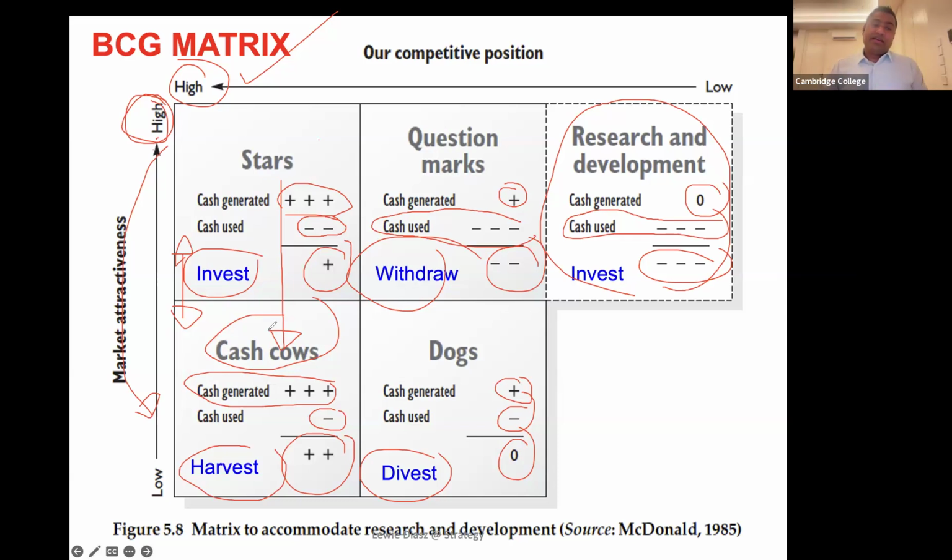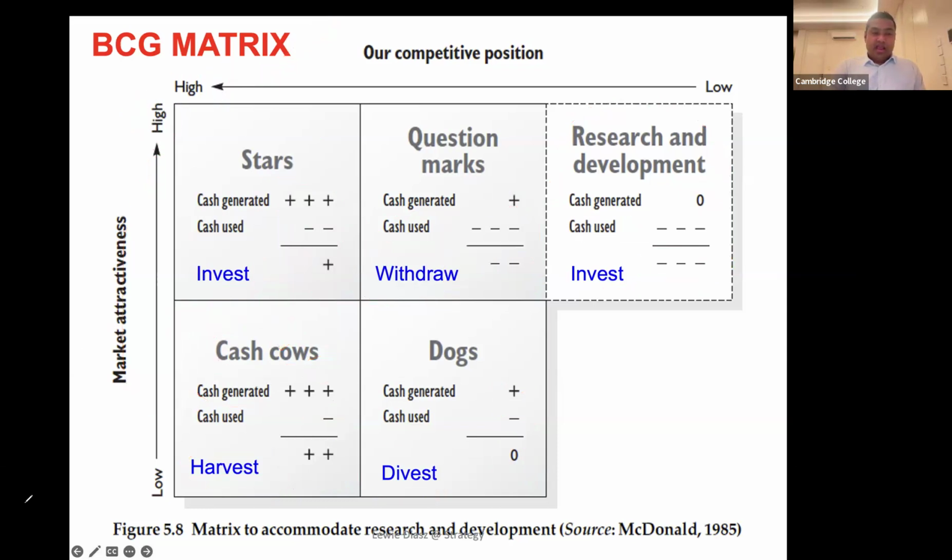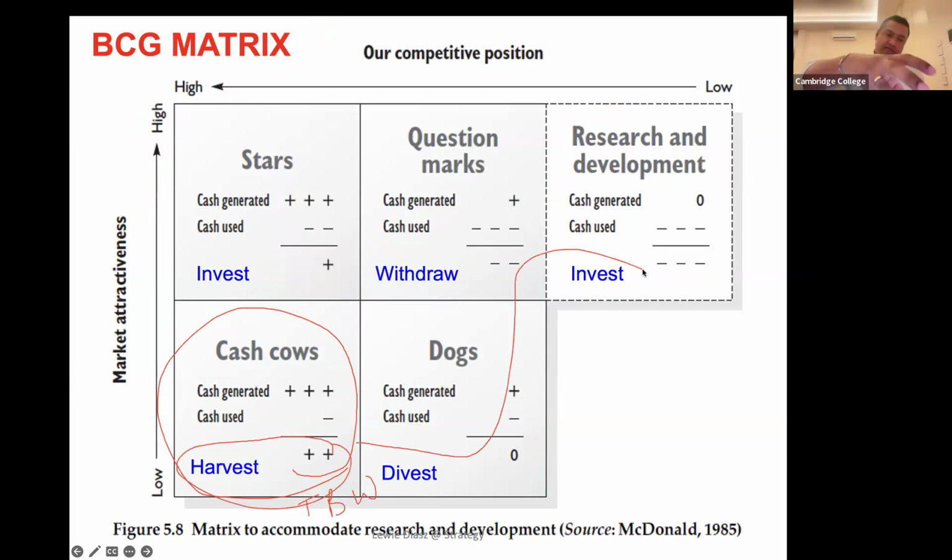So the challenge here is, BCG says that cash cows are today's breadwinners. Why? The money that you earn from here, you are funding all these losses by harvesting the brands that are here.